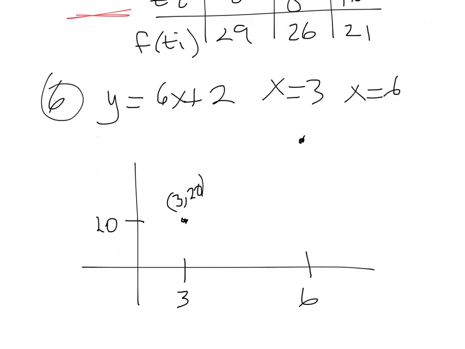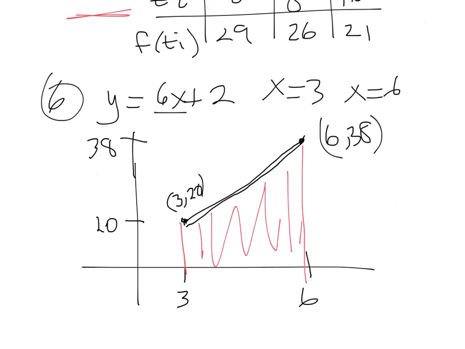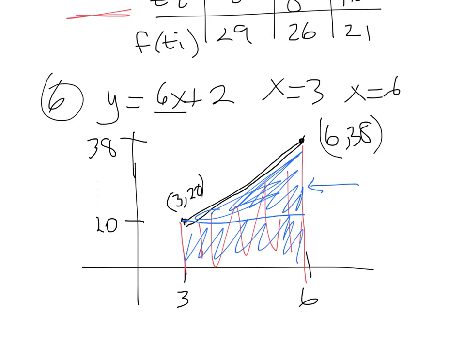This point up here would be at 6, 38, because again I just plugged in 6, and that's my line that I want to find the area under. In other words, I want to find this area. Well, if you think about it, if you draw a line here, then you're actually getting the area of this triangle plus the area of this rectangle.